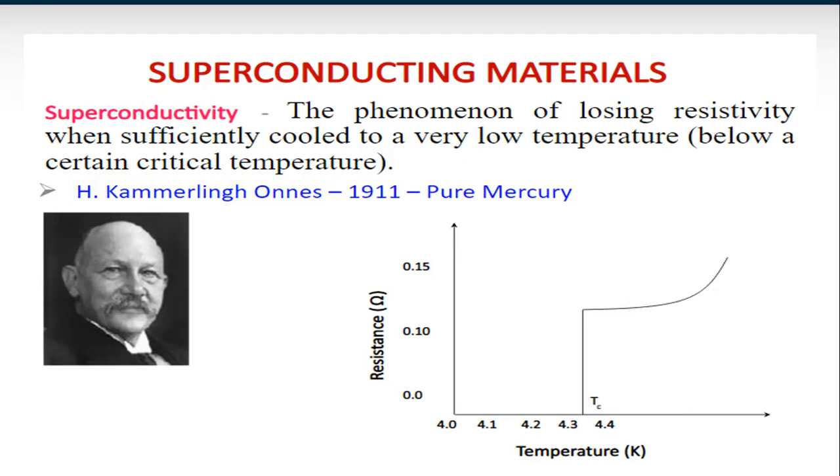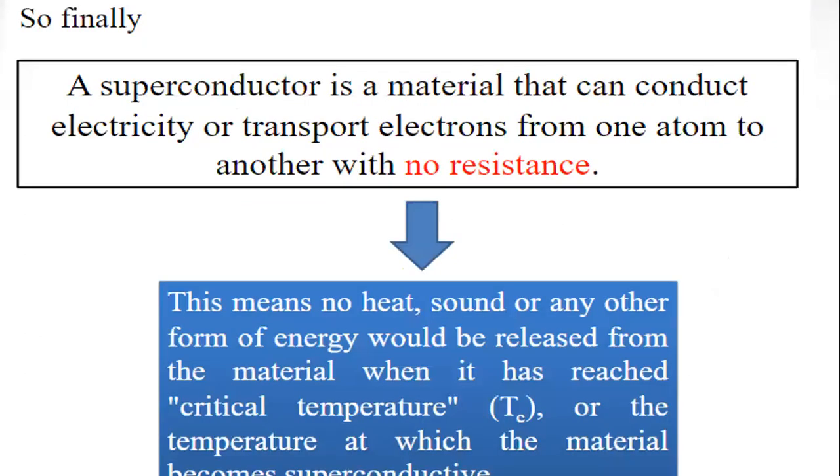You can observe this is a very, very low resistance at 4.5 Kelvin. This mercury is behaving as a superconductor, due to which it was discovered by Kamerlingh Onnes.